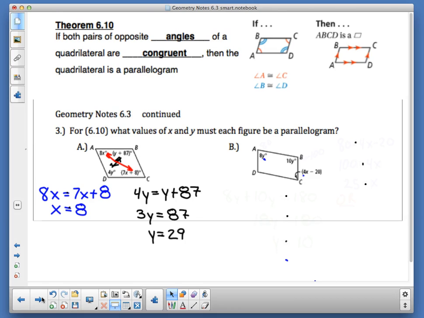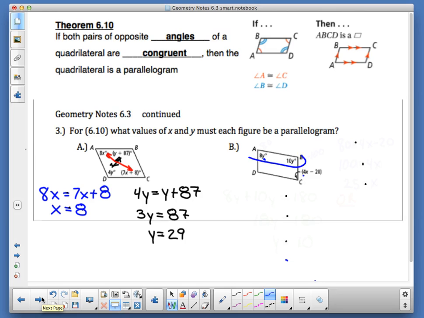Now in B, it's your turn. You've got the setup. You got two y's and an x. Which one are you going to use to easily solve and not have a systems of equations relationship? You got to be thinking about that. You want two relationships with the same variable. Although this is opposite angles are congruent, 8y is equal to 4x minus 20. I get that.